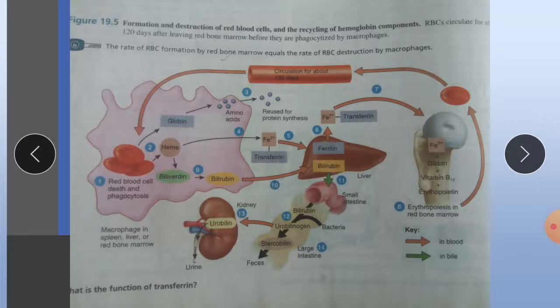Why does it happen? It occurs due to the high proportion of bilirubin that has developed in our body, in your blood, and again it will be carried into the small intestine and your large intestine.